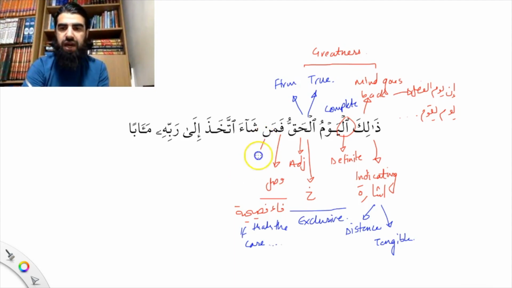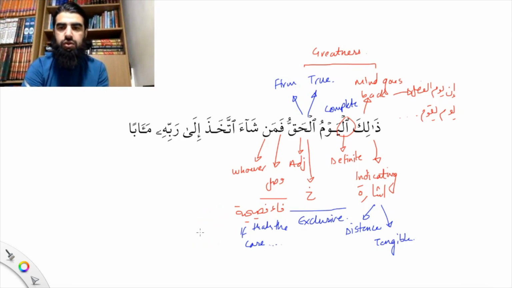Okay, so we have over here man. So man means whoever. This includes man, woman, old, young, Muslim, non-Muslim, every single individual. Adam alayhi salam, Musa, Fir'aun, Ibrahim alayhi salam, Abu Lahab, everyone comes under this. Man sha'a takhadha ila rabbihi ma'aba.